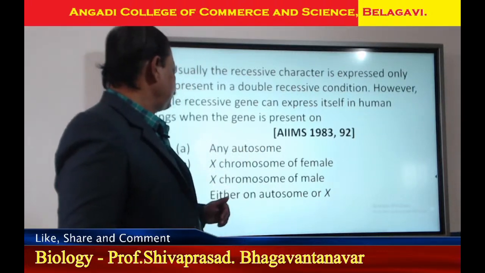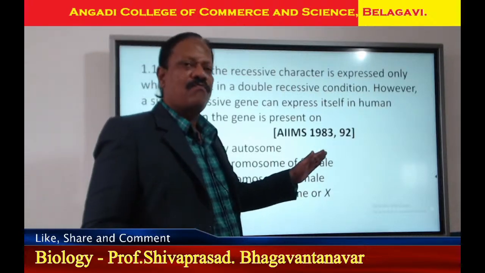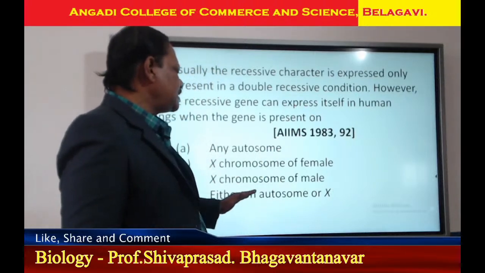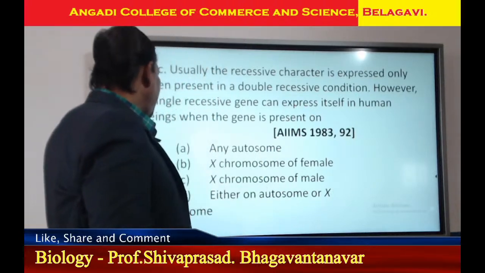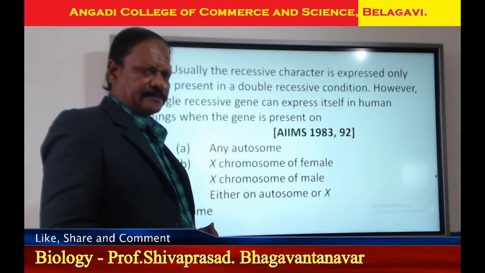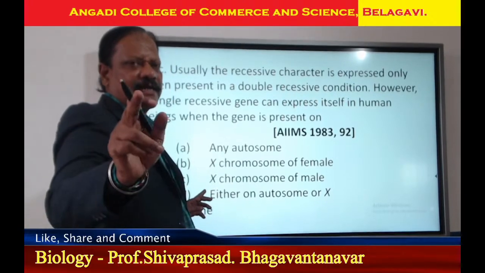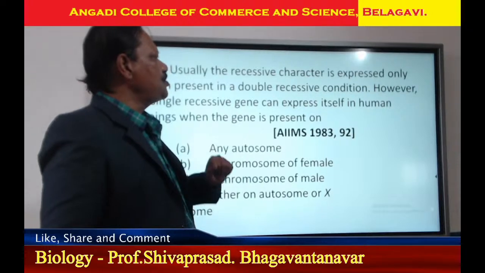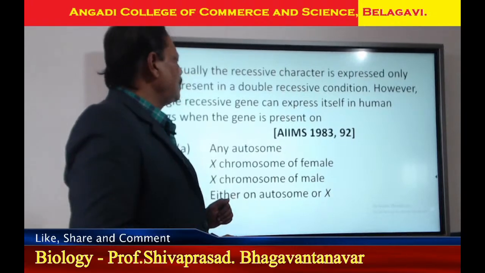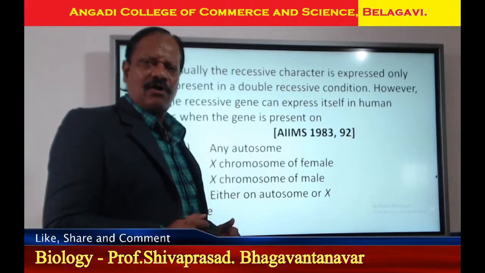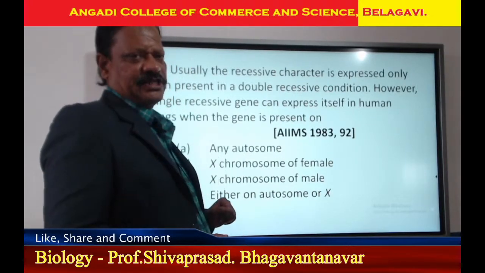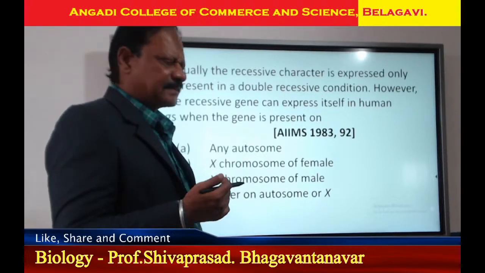Any autosome, X chromosome of female, X chromosome of male, either on autosome or X chromosome. But here, out of these 4 options, option C is the right answer. Autosomes and allosomes you people are knowing already, and here X chromosome of male is the right answer. So we'll move to the next slide.